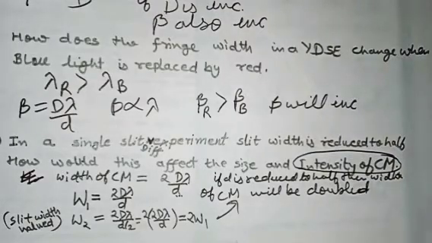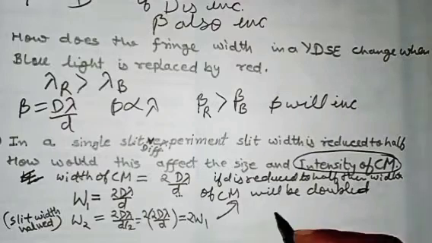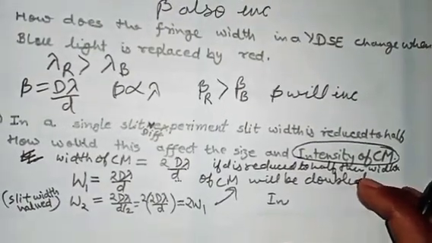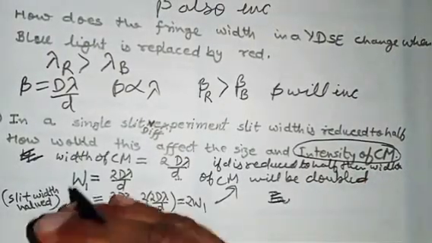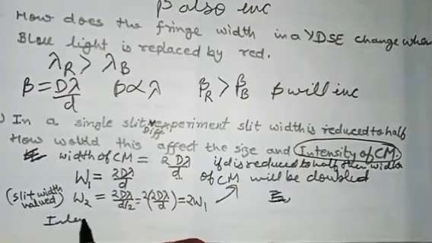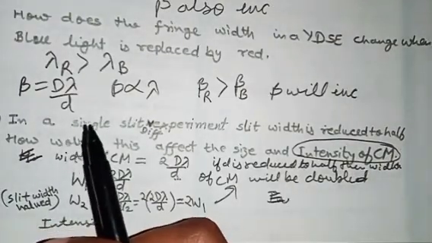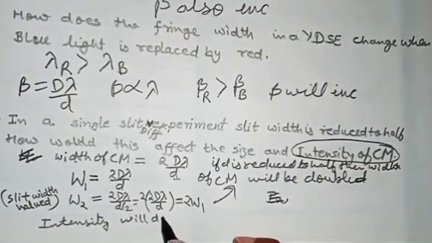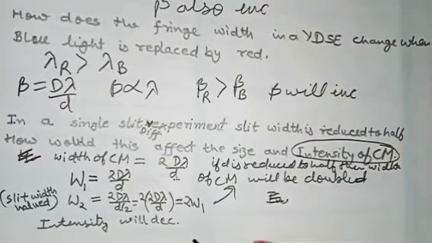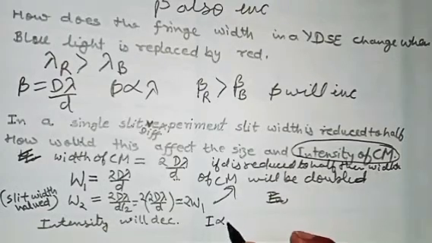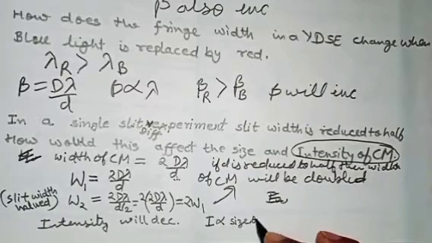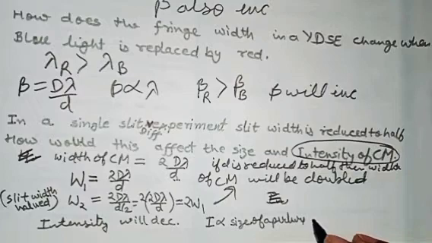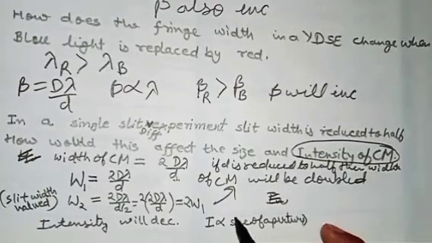Here what happens, if we reduce the size, then intensity would also reduce. So we can directly say that intensity, in fact I will write here separately so that you could easily understand. See if light is coming from a narrower, smaller region, then intensity of light would also reduce, so intensity will decrease. You can also answer this in a different way, like intensity is proportional to the size of aperture, and its square, that is slit width squared.